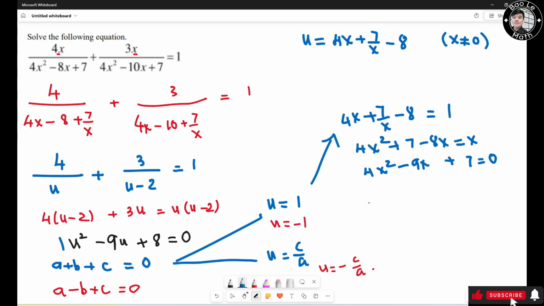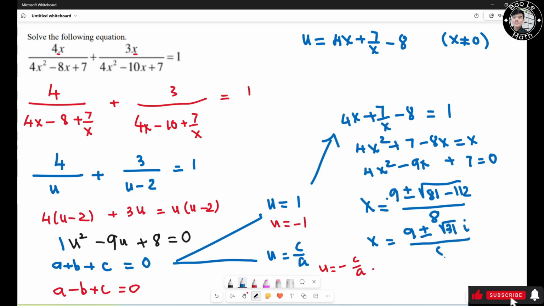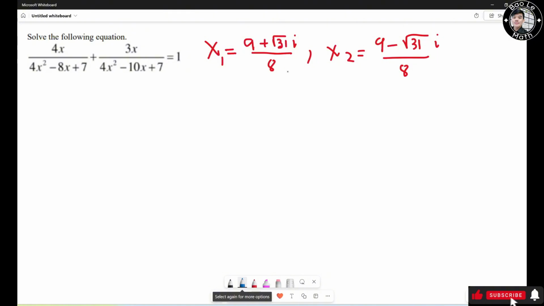We have two solutions: s equals negative b, which is 9, plus or minus the square root of b squared minus 4ac, which is 81 minus 112, over 2a, which is 8. So s equals 9 plus or minus the square root of negative 31, which is square root of 31i, over 8. So the first case gives two solutions.